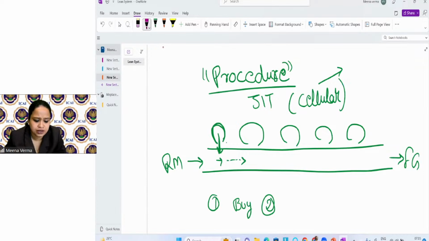A person is sitting here, and he will use these machines to add value to this product.